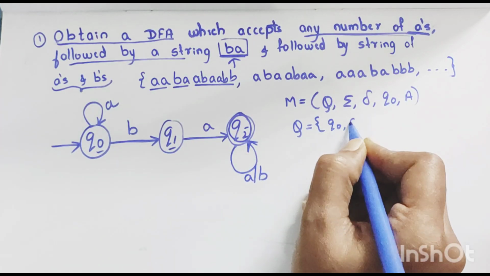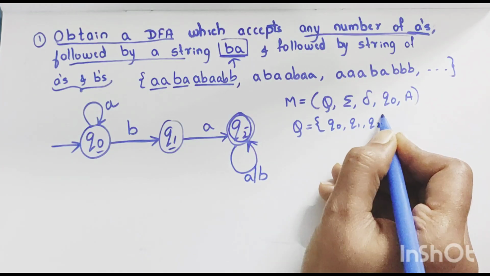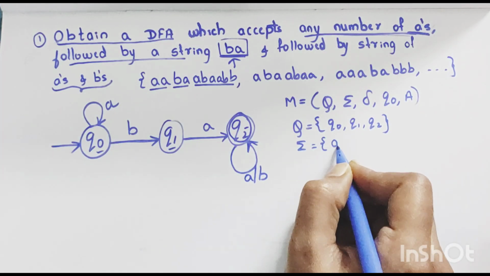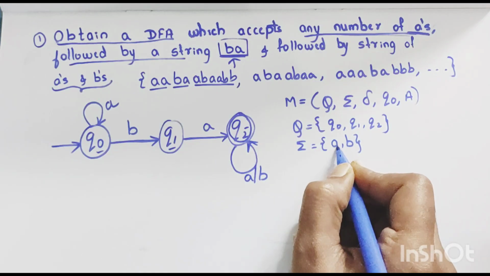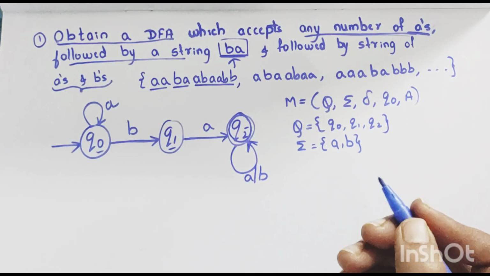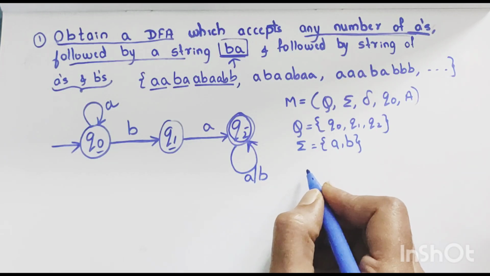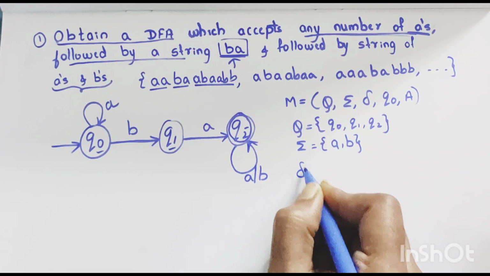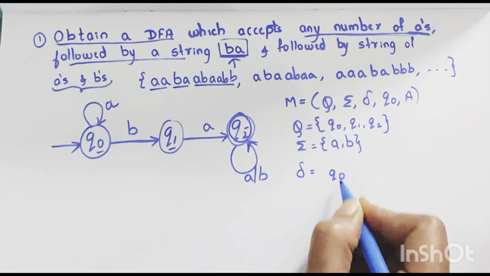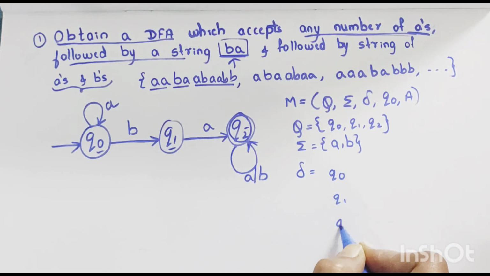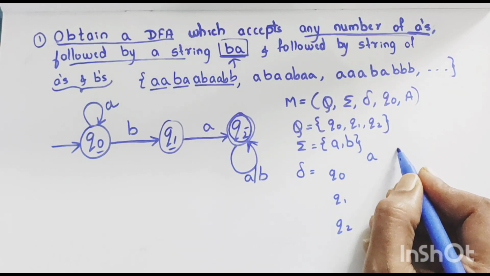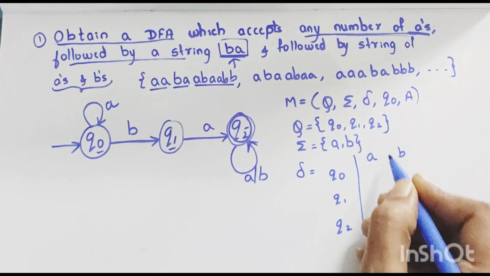Then sigma, the set of input symbols, is the combination of A's and B's. Next, delta, we will show with the transition table. So I will write Q0, Q1, then Q2, and the possible input symbols are A's and B's.